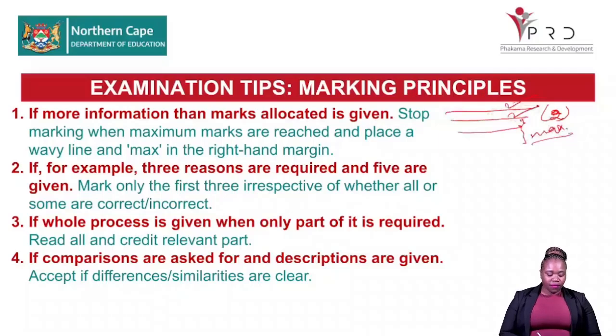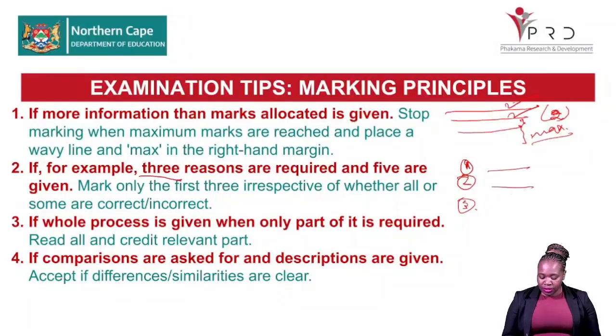Secondly, if, for example, 3 reasons are required and 5 reasons are given, mark only the first 3, irrespective of whether all or some are correct or incorrect. What this simply means is that you have a question, they said give 3 reasons. Now you have reason 1, reason 2, and reason 3. Now, if you give 4 and 5, you give more than 3.